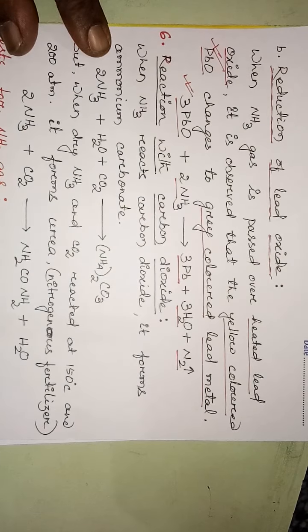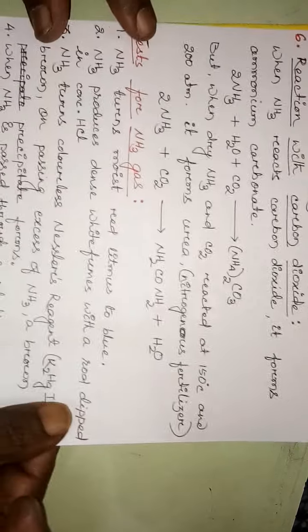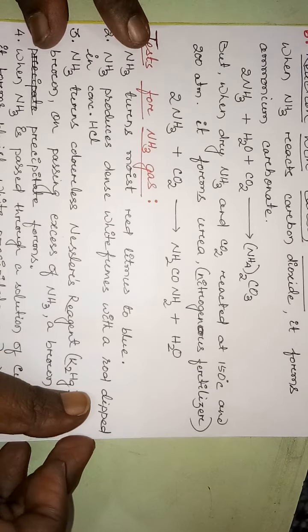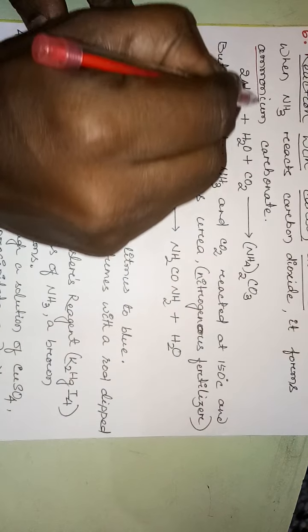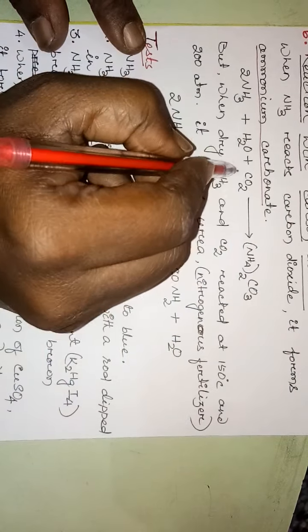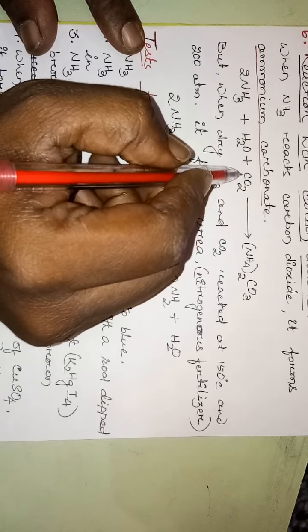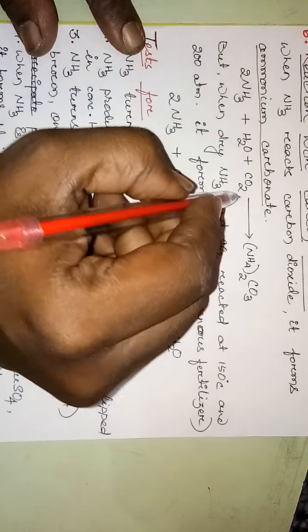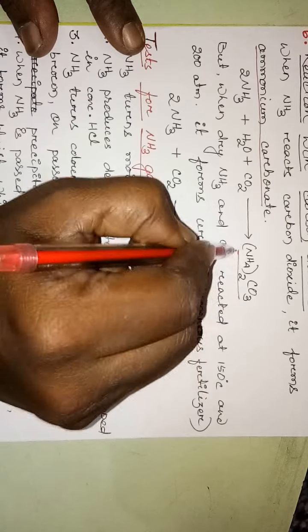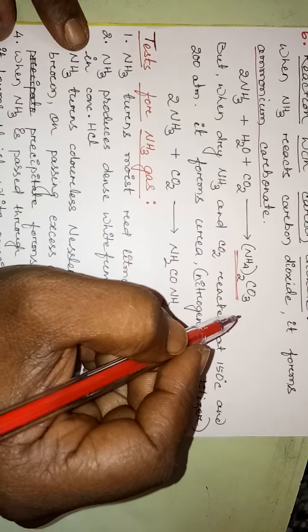Then the reaction with carbon dioxide is another chemical reaction. When carbon dioxide is treated with ammonia, normally it forms ammonium carbonate. The equation is 2NH3 plus H2O plus CO2 gives (NH4)2CO3, ammonium carbonate.